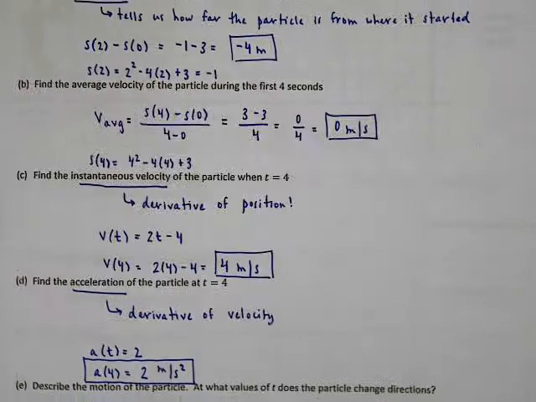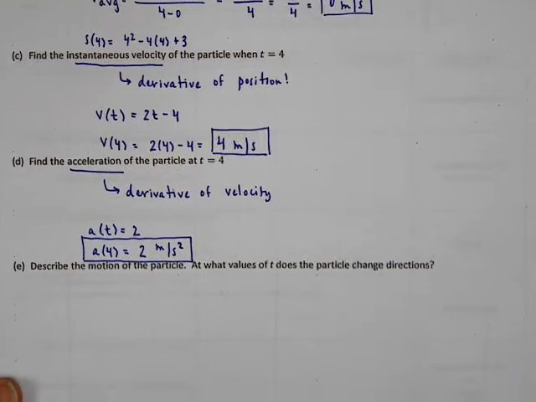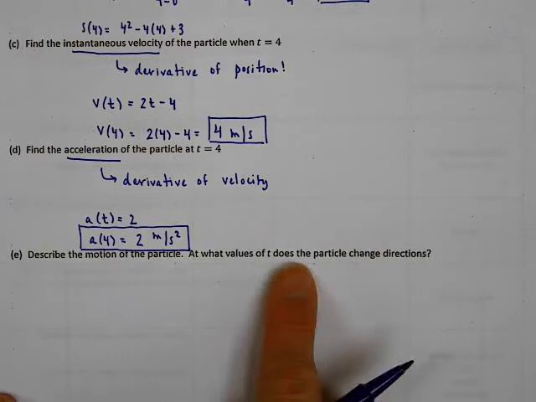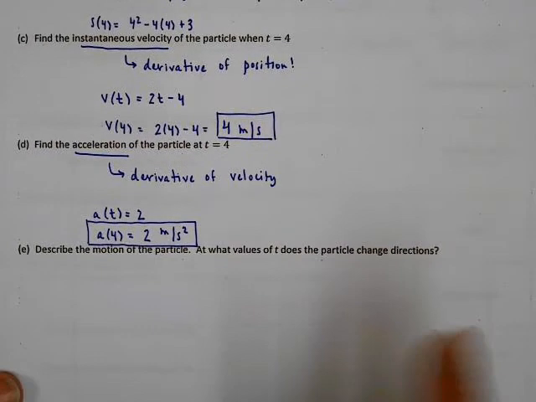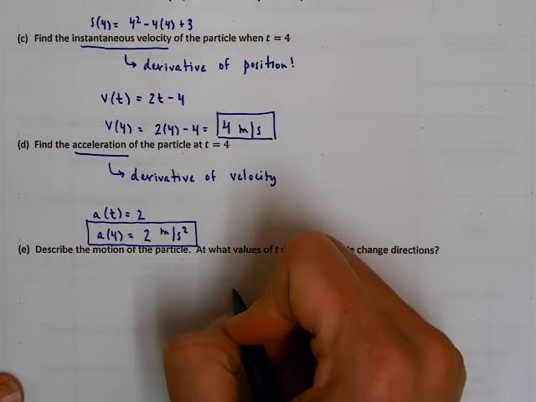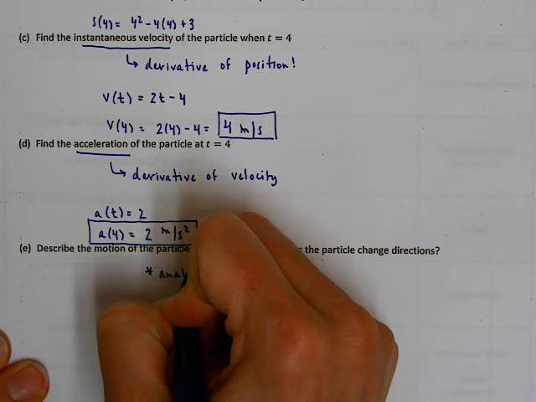All right. Now the last question is asking us to describe the motion of the particle. And it's asking at what values of t does the particle change directions. So I know I'm going to be looking at velocity here. So we're going to analyze velocity.